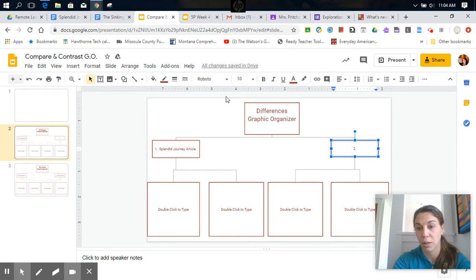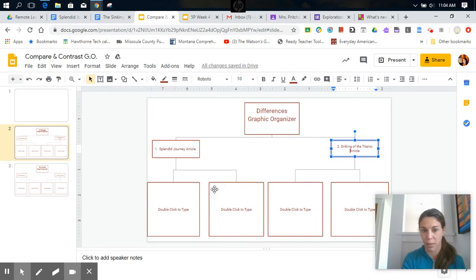So I just might put Sinking of the Titanic. Okay. And the beautiful thing is that it always lets you know you spell it wrong. Okay.